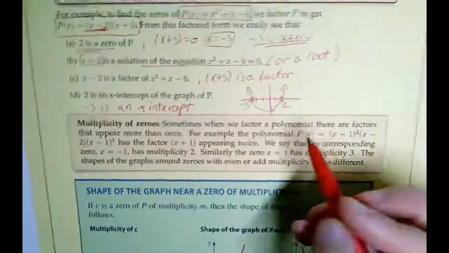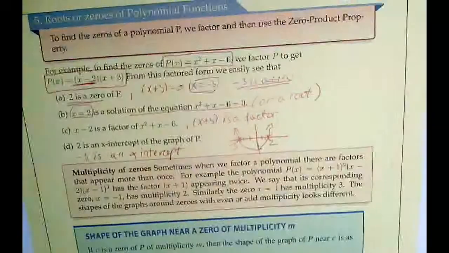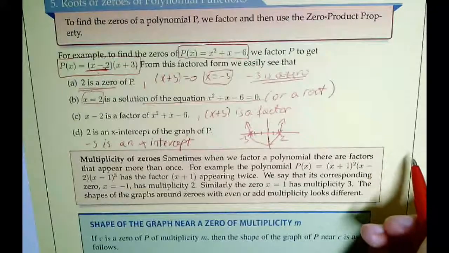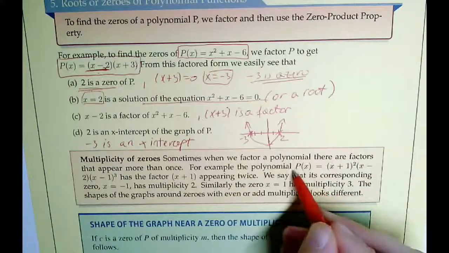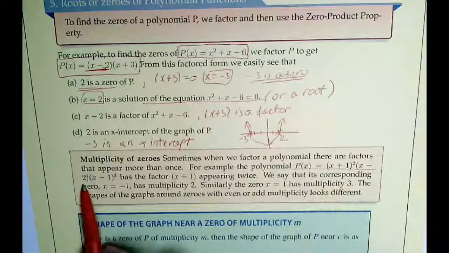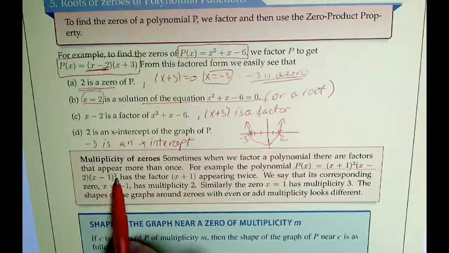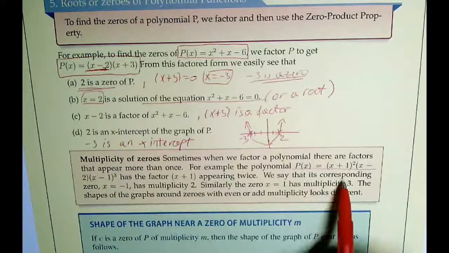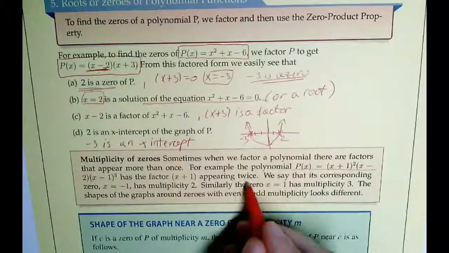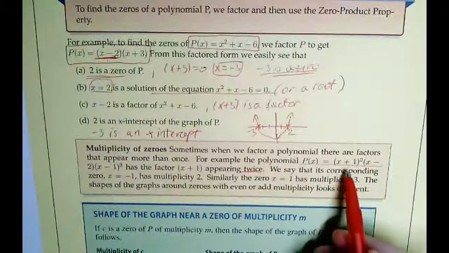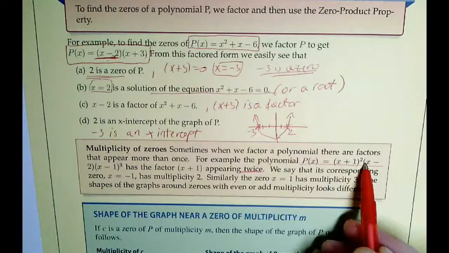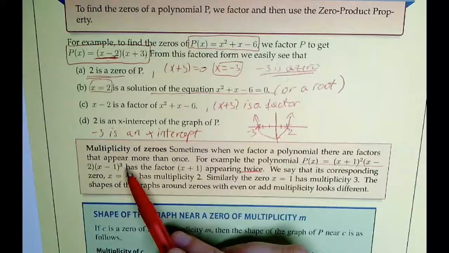But sometimes when we factor a polynomial, there are factors that appear more than once. For example, you can have a polynomial that looks like this: x plus 1 squared times x minus 2 times x minus 1 cubed. And you notice in here that the factor x plus 1 appears twice. So obviously this has to be different than if it was just x plus 1 times x minus 2 times x minus 1.